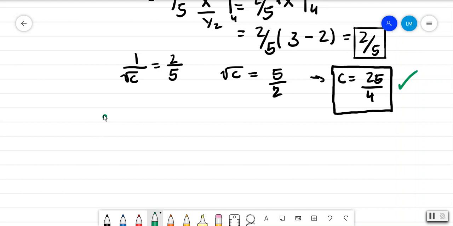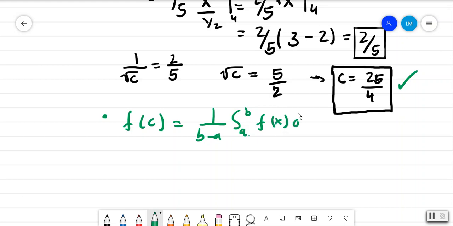So yeah, the only formulas that you really have from this chapter is the function value equal to 1 over b minus a times the integral from a to b of f of x dx. And then of course the others about even and odd: if it's even, then it's 2 times the integral from 0 to a.